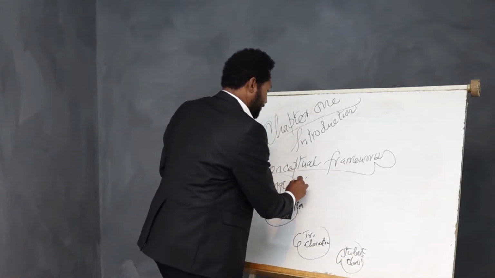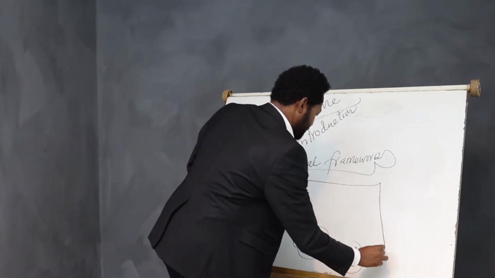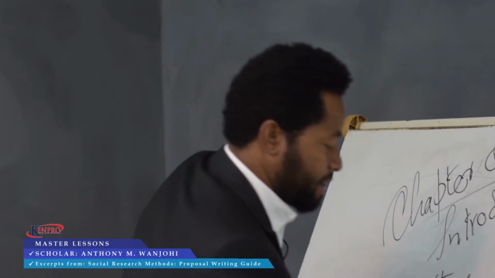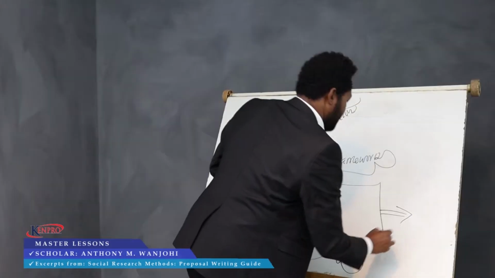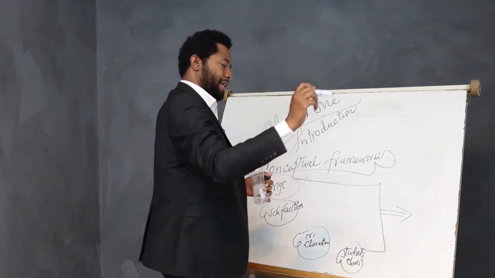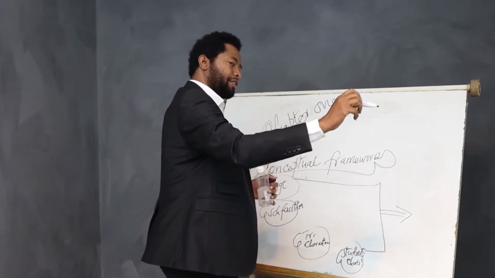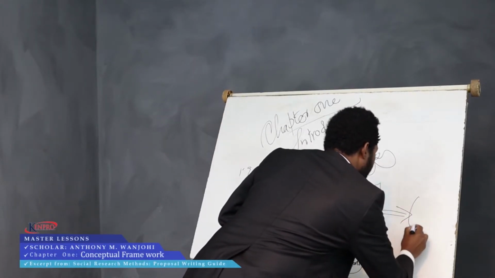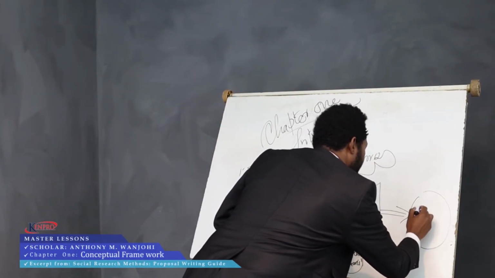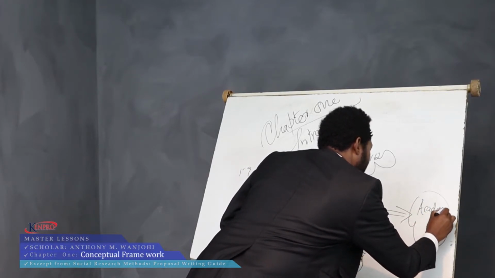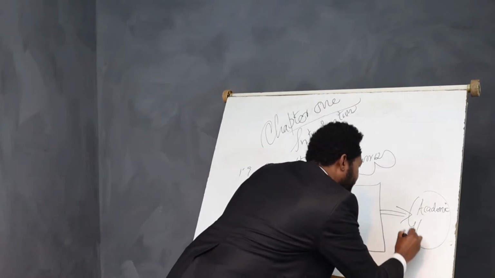Once you have this, then you can fix that. And then you have here, and note the direction of the arrow. It leads and points to the dependent variable. The dependent variable is academic performance.